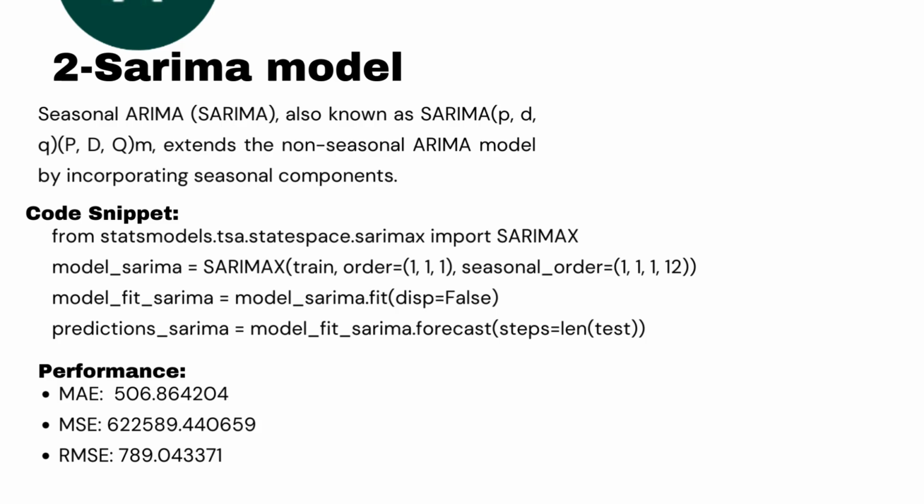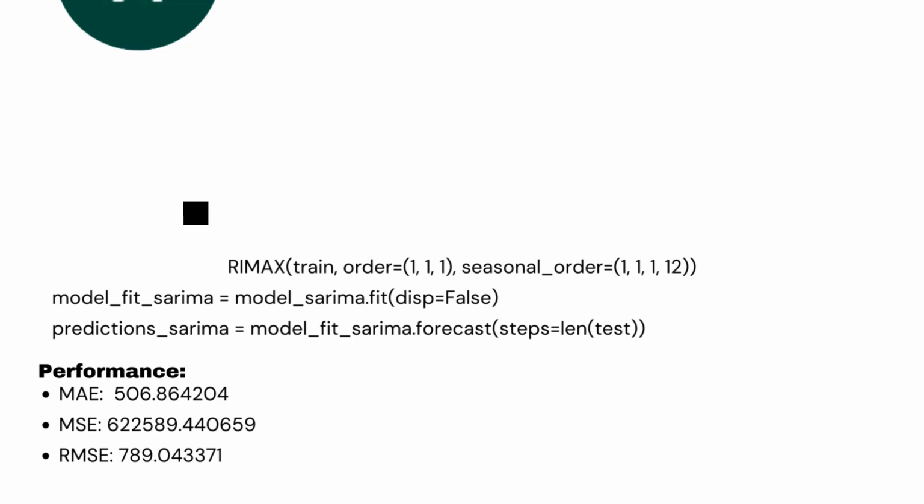Seasonal moving average denoted by Q. They account for the influence of past error terms at seasonal lags. Seasonal differencing denoted by D. It represents the degree of seasonal differencing in each season, for example, 12 for monthly data. In this slide, we also see the different values of the mean error, MSE, and RMSE.